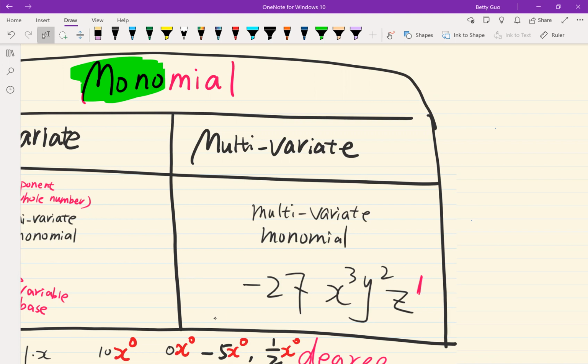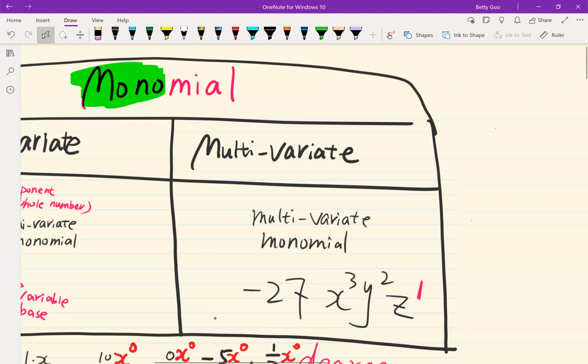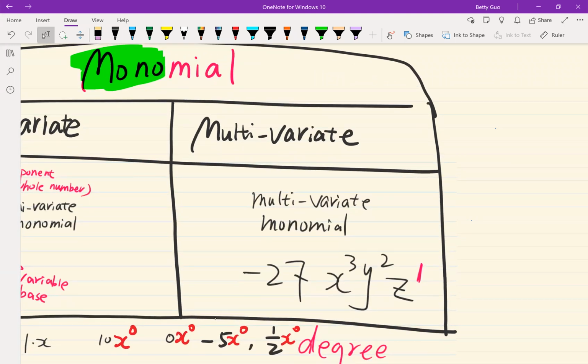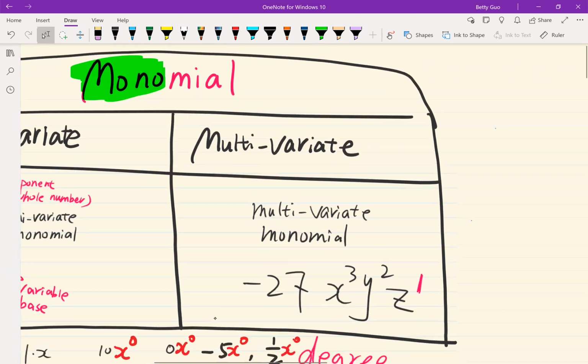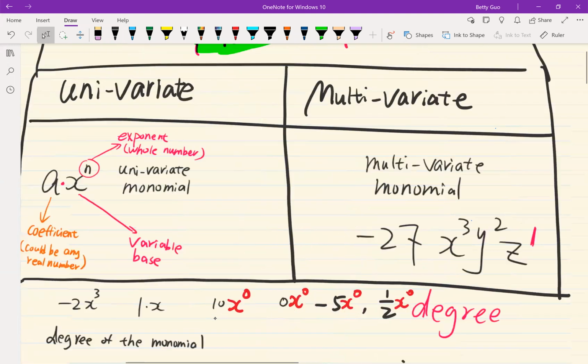Am I clear? Okay. Negative 27, right? That's the coefficient. A coefficient could be any real number, like in a univariate monomial.